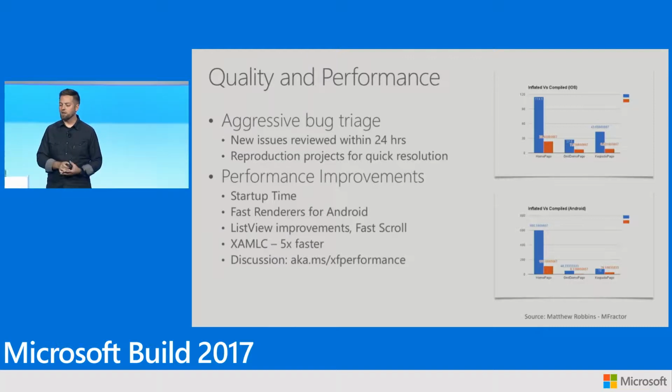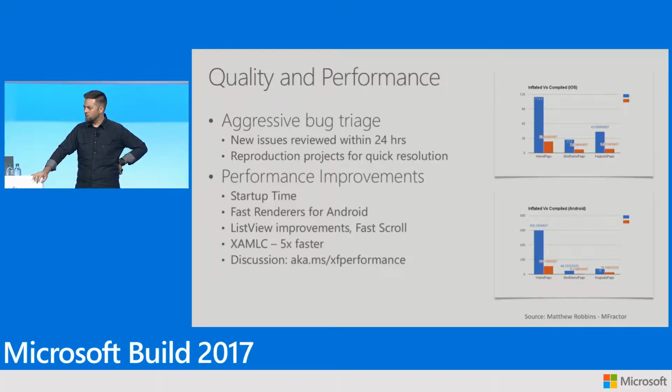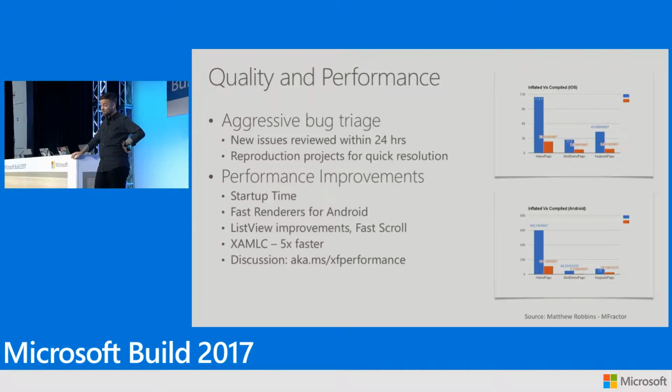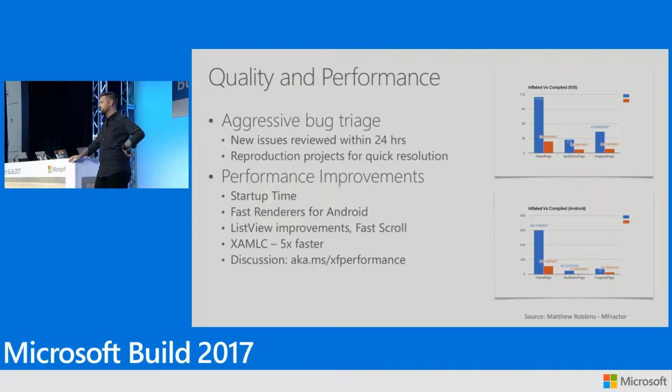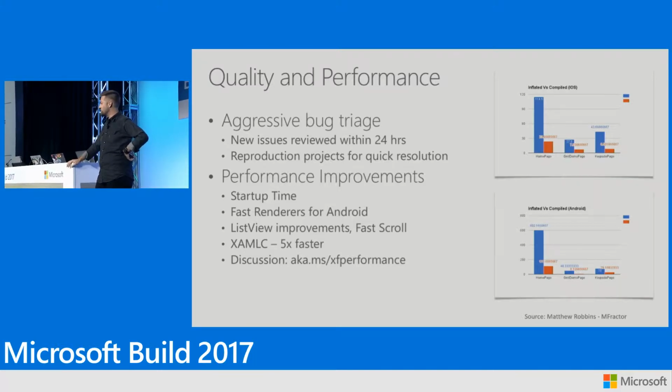So we have been working hard on this. I've been working with the support team very closely, and we are triaging aggressively. As new issues come in, I think if you have been around the community for a long time, you have seen an uptick in our responsiveness when you first submit issues. We're trying to be all over that. Now, does that mean that we're resolving the issues super fast and right away? You know, we're getting there, right? One step at a time.